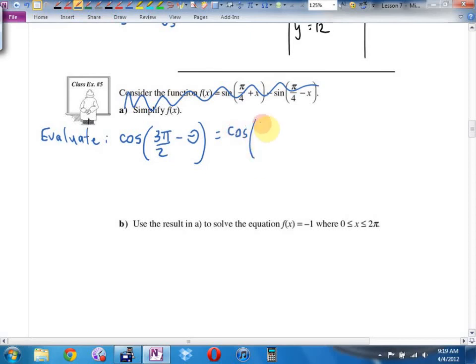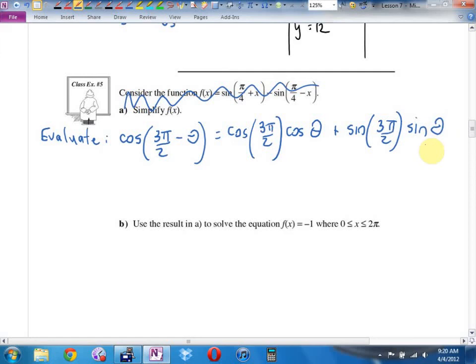Cos alpha cos beta plus sine alpha sine beta. This will be a multiple choice question.